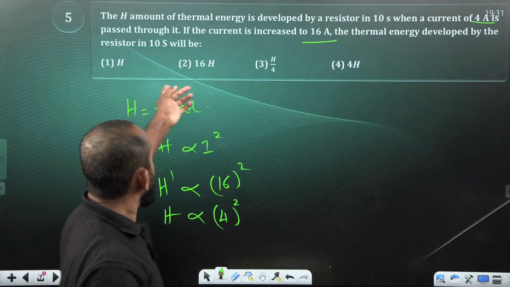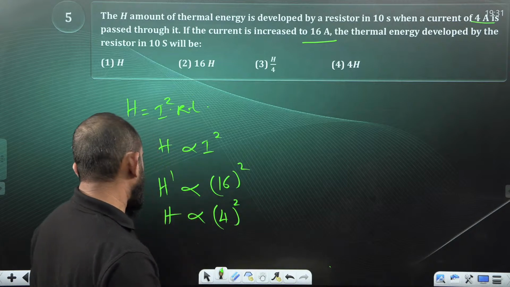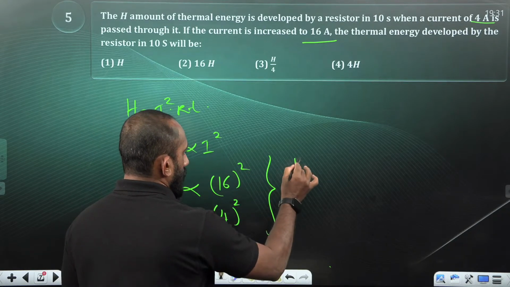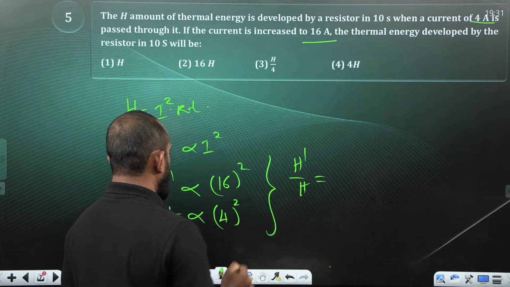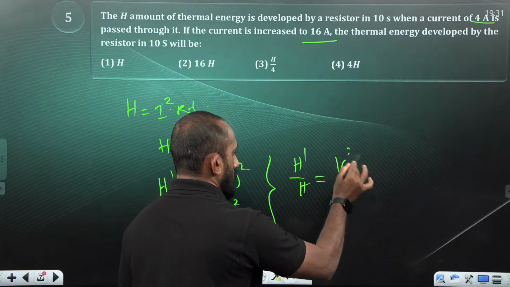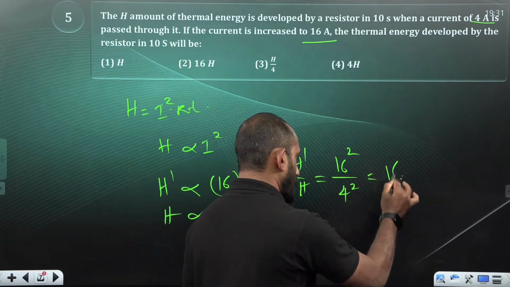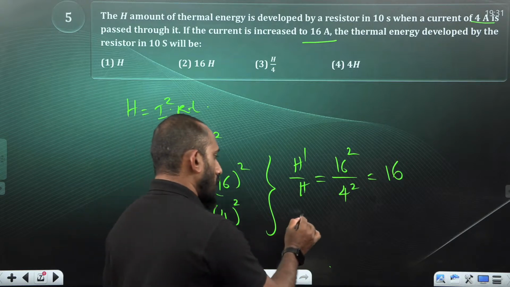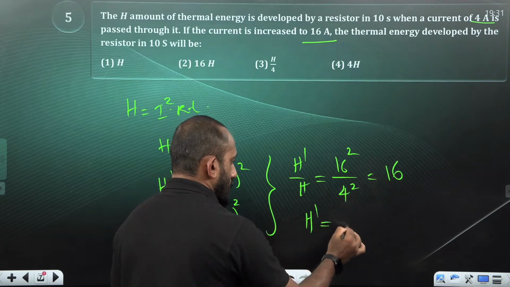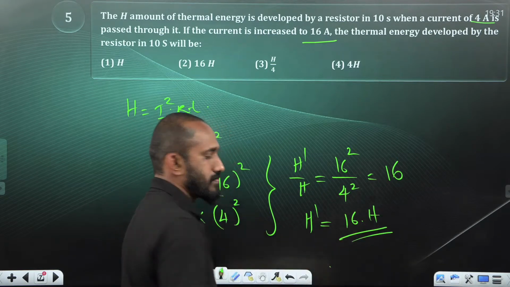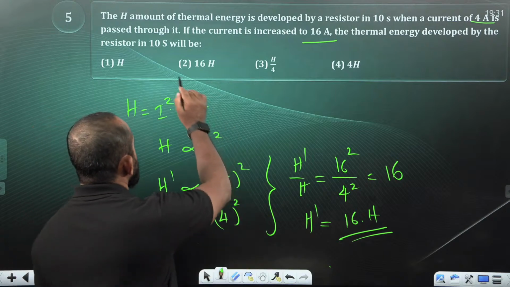You have to find the new value in terms of H. If you do division, H dash by H is 16 square by 4 square, that is equal to 16. So H dash will be 16 times H. Option 2 is the correct answer.